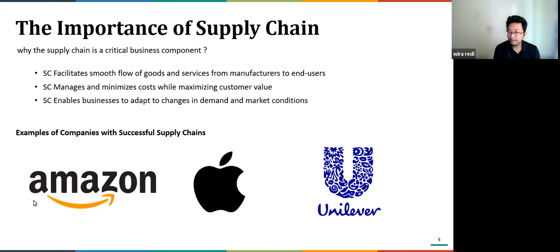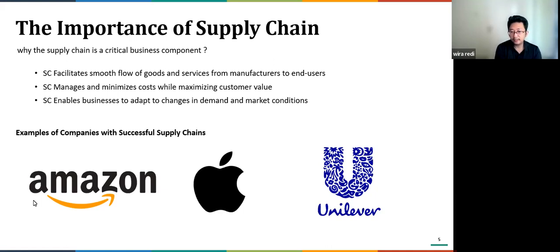I think you can check that they have a lot of variety of products. So they should be sourced well, delivered well, and manufactured well. It needs a very well-designed supply chain to be so agile and responsive to changes in market demand.